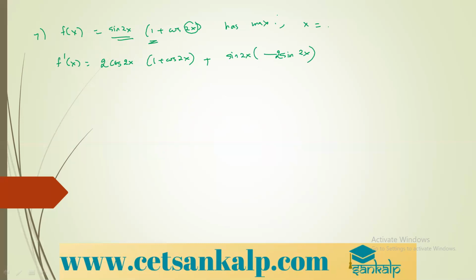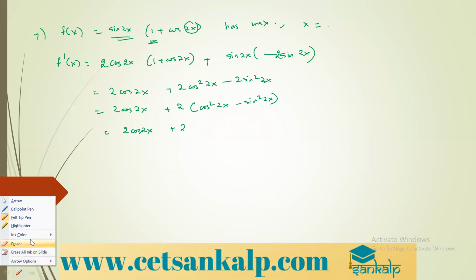So after finding the derivative, we will simplify it more. That is 2 cos 2x plus 2 cosine square 2x minus 2 sine square 2x. I can take 2 cos 2x common. So I have cosine square 2x minus sine square 2x. I can write this as 2 cos 2x plus 2.